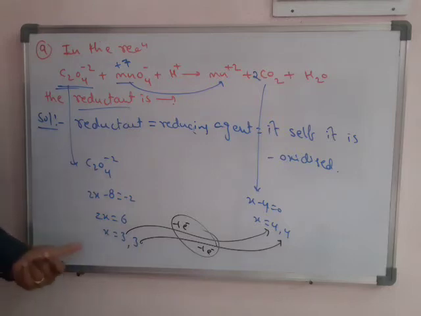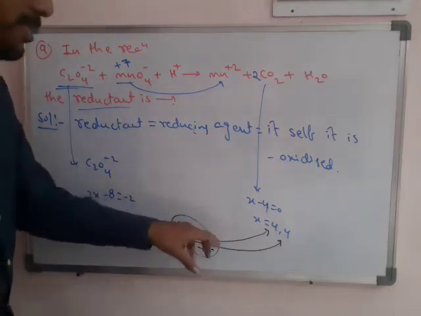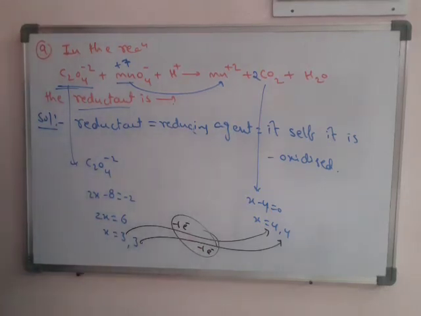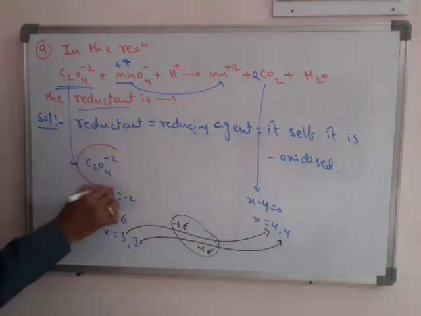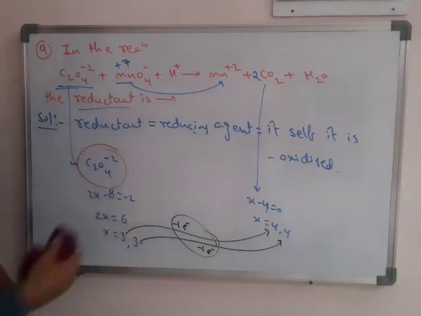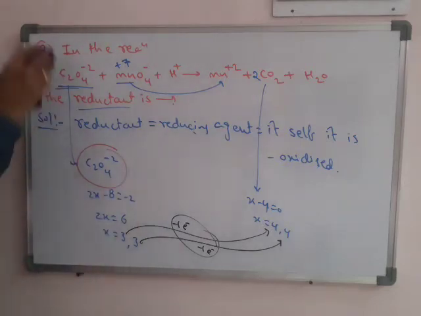Losing of electrons means they are oxidized, they work as reducing agent. Means what is the answer? The answer is C2O4 minus 2 works as reducing agent because itself it is oxidized.